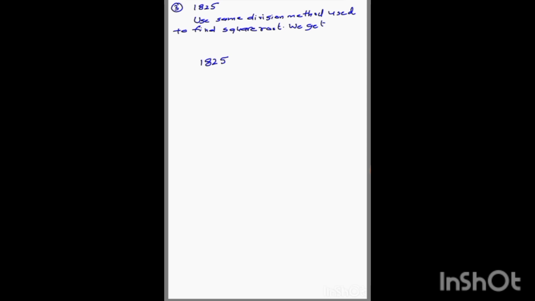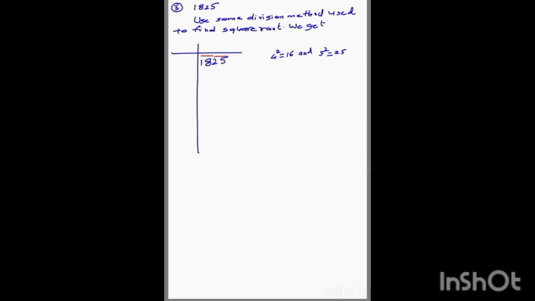So we are solving this. 1825 is taken. Now draw this horizontal line and vertical line. Then mark 25 and 18 from the right hand side, a bar on 25, a pair of digits, and another pair of digits. Now take 18. See the number whose square is less than 18. 4 square is 16, 5 square is 25.